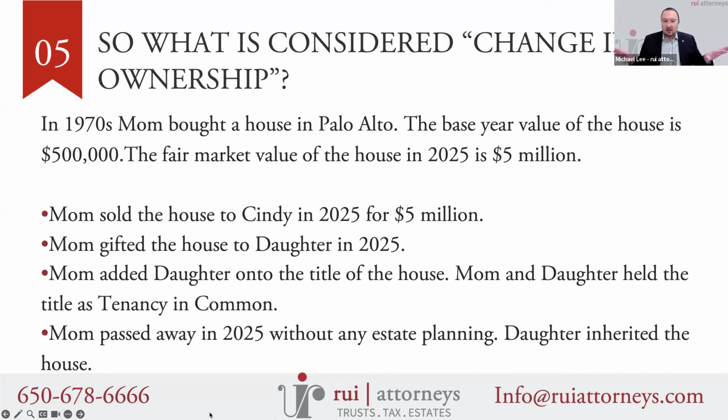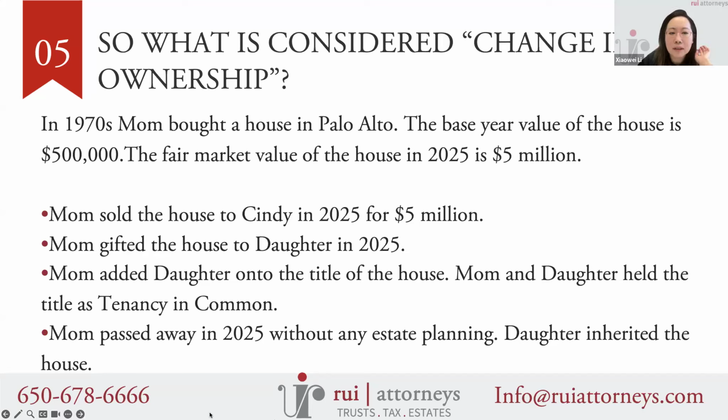Let's say in this example mom sells to some stranger. This is the prototypical change in ownership, a complete change in ownership, and there is no exemption or exception here. So the roll would go from $500,000, her base year value, to being based on the $5 million.